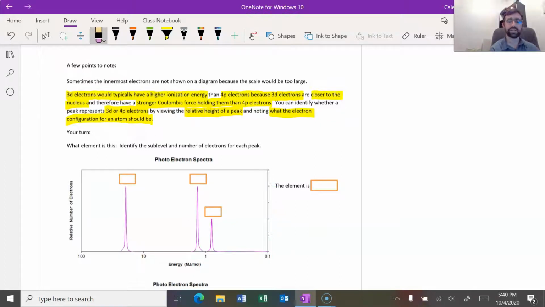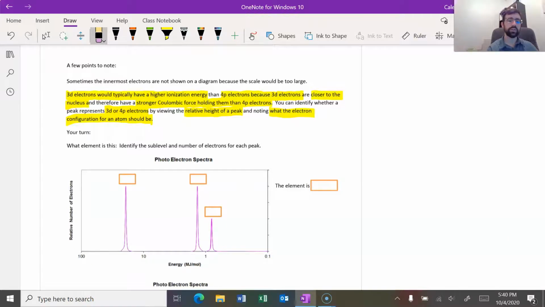That is not necessarily true. All that we know is that this is a relative number of electrons compared to each other, and we have to look at the scale. This is the highest ionization energy, so the peak that's closest to the highest ionization energy has to be the one that's closest to the nucleus.